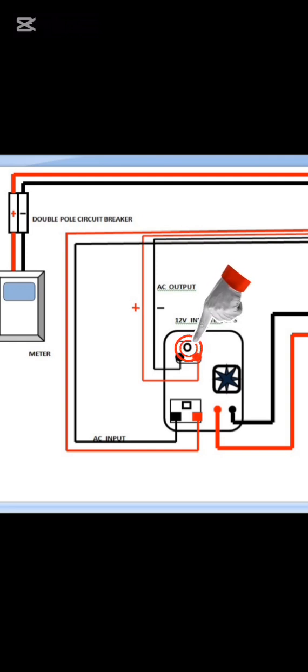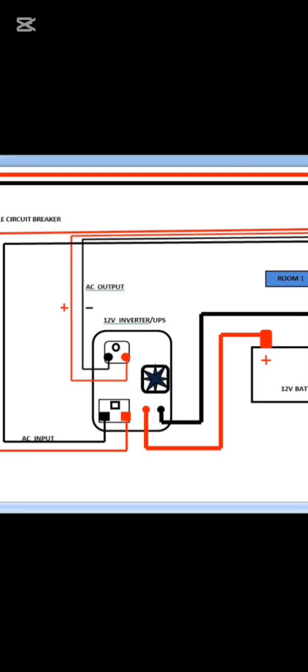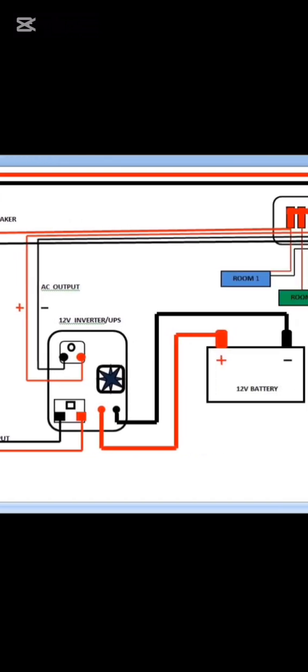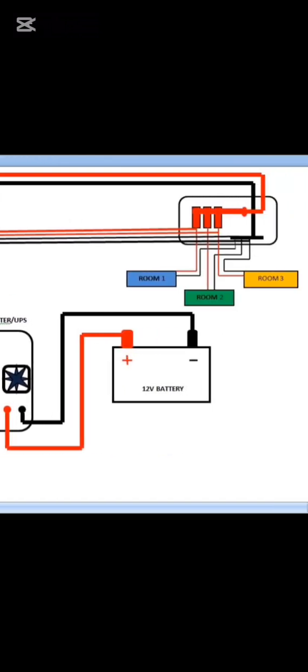This is the AC output. The AC output goes to the consumer unit and is connected in the consumer unit.